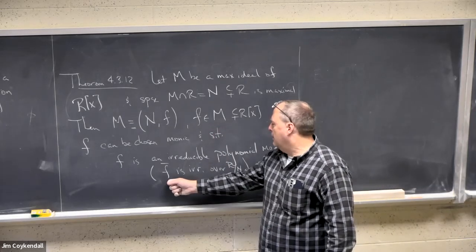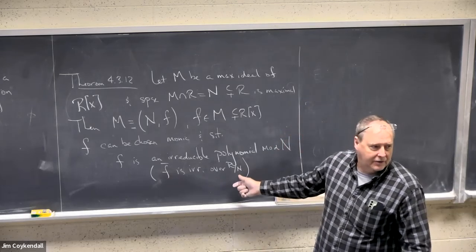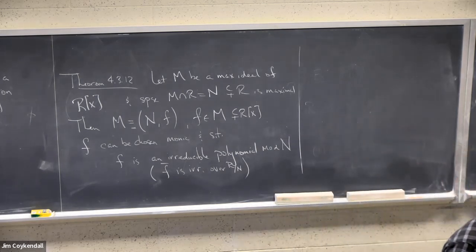And you can choose that polynomial so its reduction mod N, in R mod N, is actually an irreducible polynomial. And y'all remember the last time how I said that the maximal ideals of the integers look like this: P comma F, where P is a prime and F is an irreducible polynomial mod P. Right? So you can get that out of this theorem here.